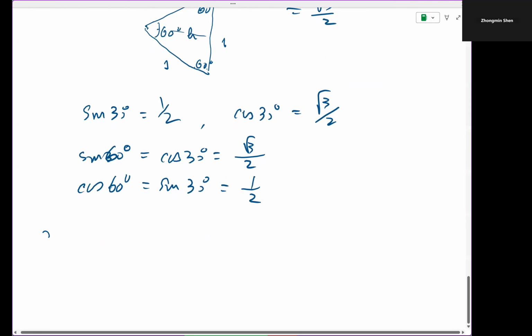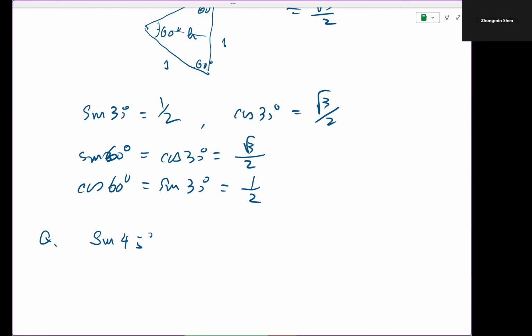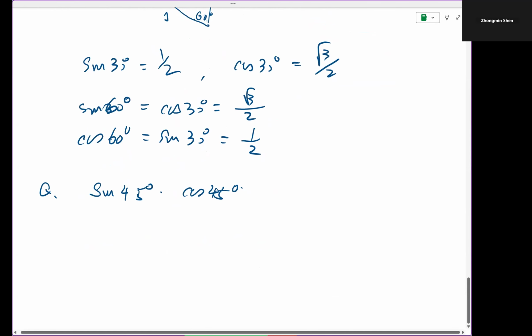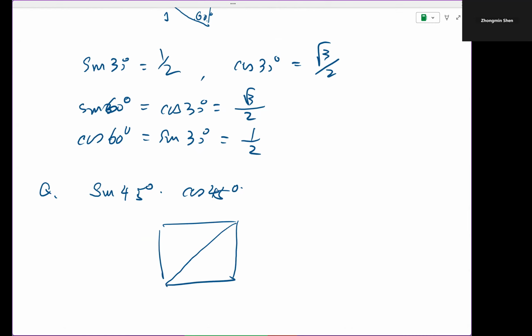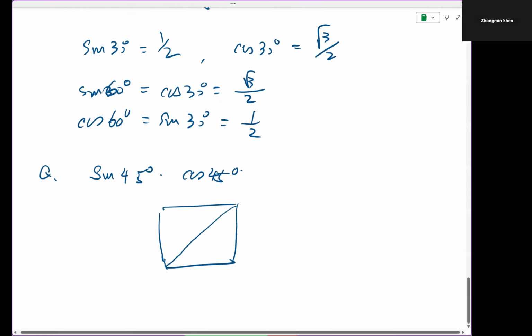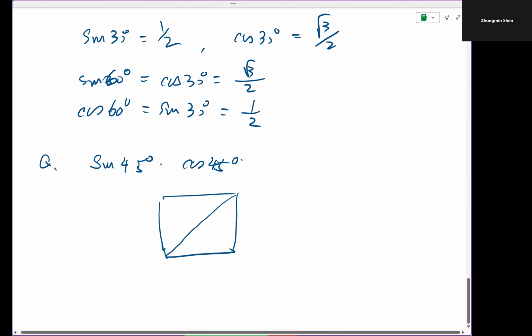Now how about 45 degrees? How do we find it? Let's find out sine 45 degrees and cosine 45 degrees. How to make a 45 degree angle? Oh yeah, here's a square. You divide it along the diagonal.